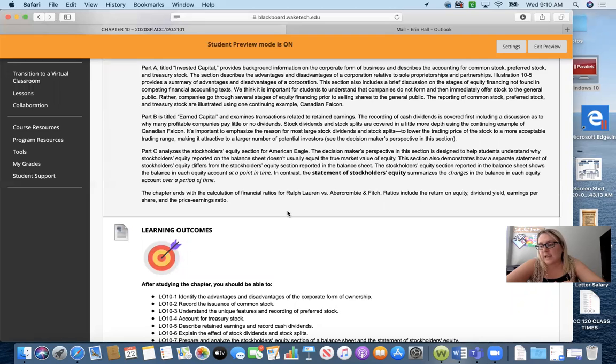And then for today, you're talking about retained earnings and cash dividends, the effect of stock dividends and stock splits, preparing and analyzing the stockholders' equity section of the balance sheet and the statement of stockholders' equity, and then some key performance ratios on stockholders' equity.